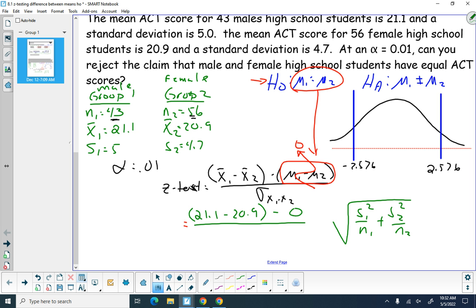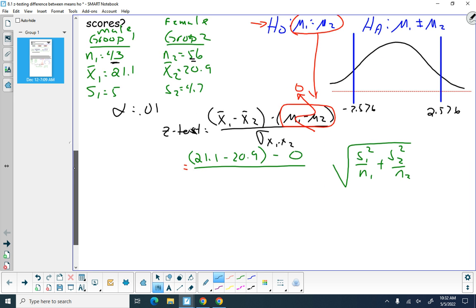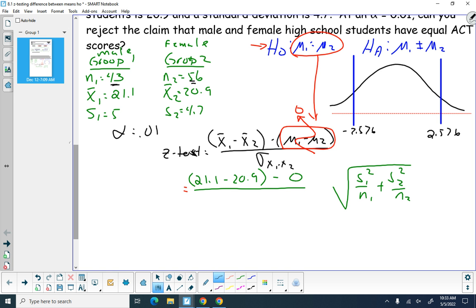If I have sample, I use sample. It's okay. So now we get to have a KYC moment. Know your calculator. Let's see. We have square root 5 squared divided by 43 plus 4.7 squared divided by 56.